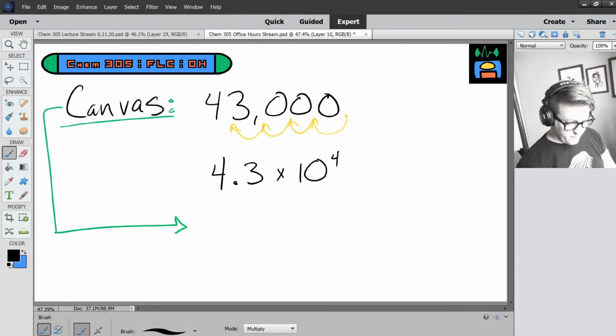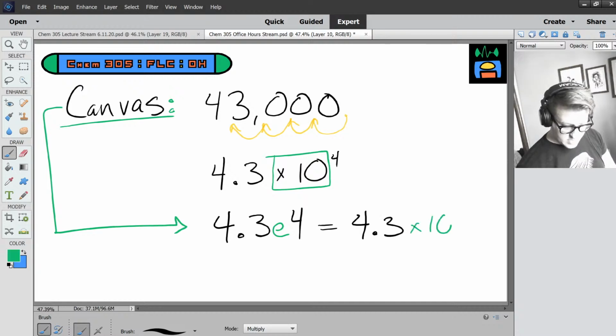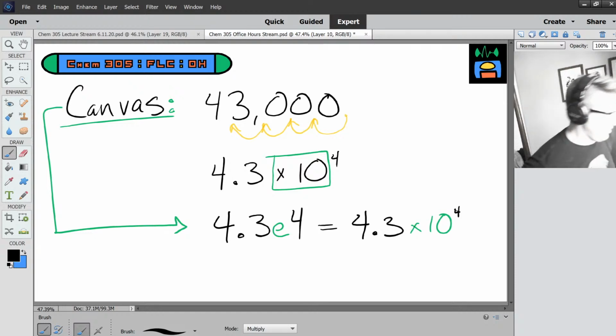If you go 4.3, and then instead of writing in this times 10 to the 4th, do no spaces, lowercase e, and then 4. And this is equal to 4.3 times 10 to the 4th.